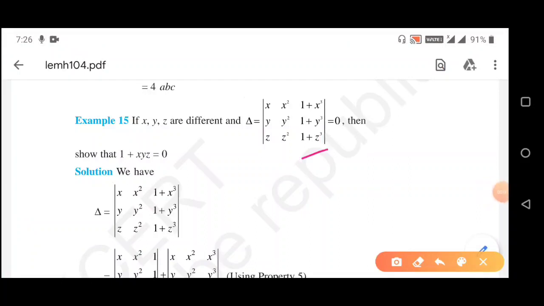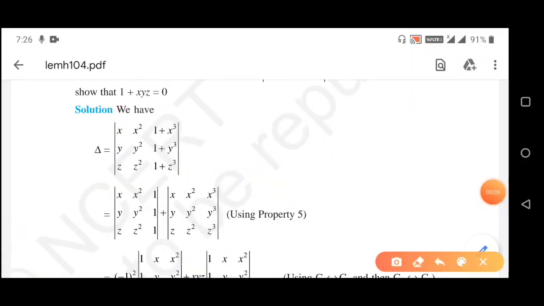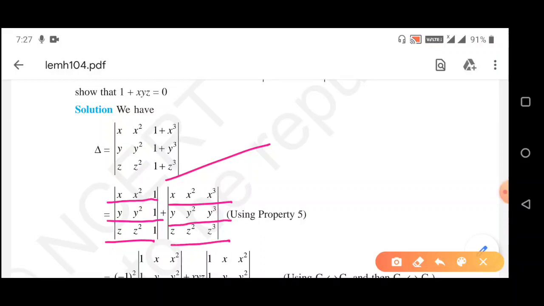Here in column 3 we have 1 plus x cube, 1 plus y cube, 1 plus z cube. So we can separate this determinant. We will write this determinant as x, x square, 1, y, y square, 1, z, z square, 1, and in the other determinant we will write x, x square, x cube, y, y square, y cube, z, z square, z cube.